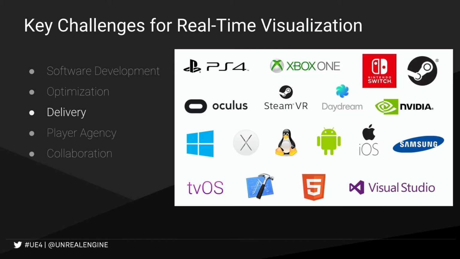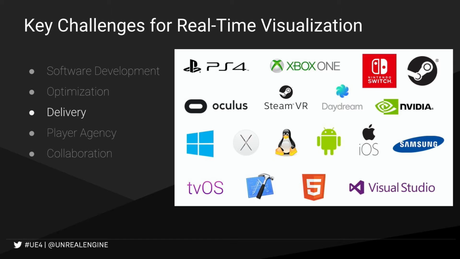Next is delivery. Most visualizations previously, non-real-time visualizations, are delivered one of two or three ways, either as a JPEG image, as a still image, or as maybe a movie file or hosted on YouTube.